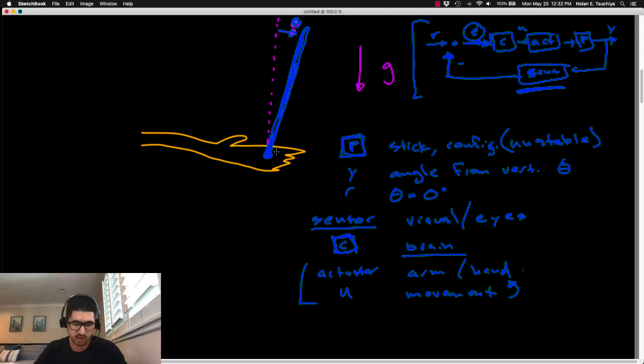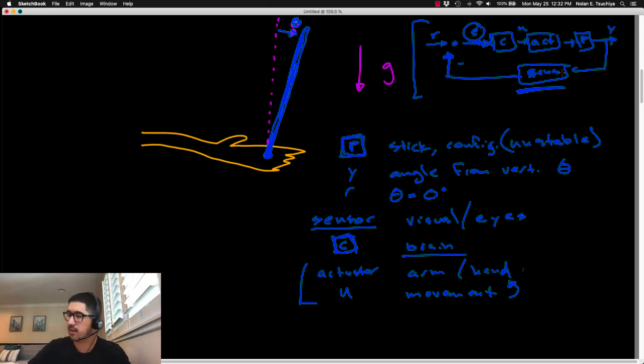Okay, so the question that I really want to pose to you is, what happens if we don't use feedback? Is there any way to maintain that balanced state of the unstable system without feedback? And the way to check is to eliminate the feedback path. So if there is no feedback path, then what happens?